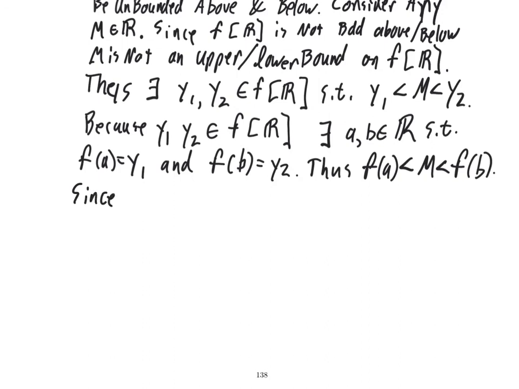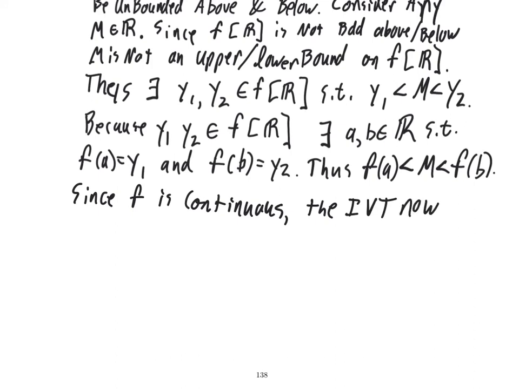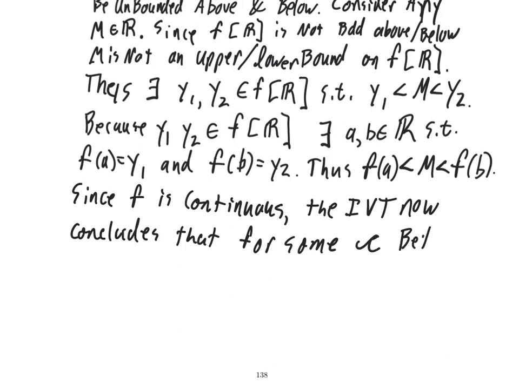Since f is continuous, the IVT now concludes that for some c between a and b, and notice I'm saying between a and b instead of in the interval a comma b, because I don't know if a is bigger than b or b is bigger than a.